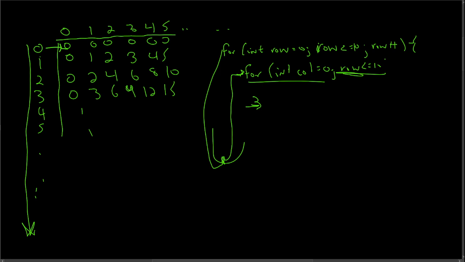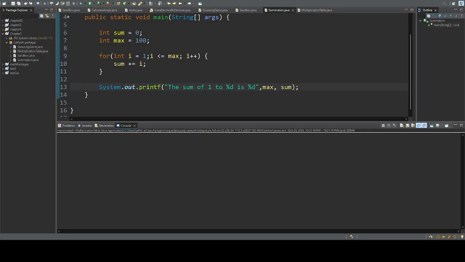So let me get my Eclipse over here. What we're going to do in Eclipse is make a new class. Again, you won't see the way the window gets captured. I'm going to call this mult table, M-U-L-T table, so we can make the multiplication table.